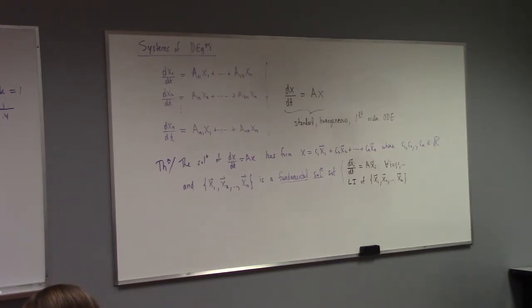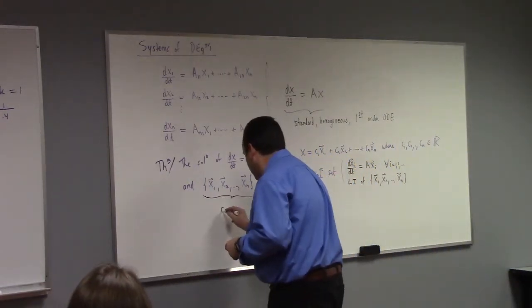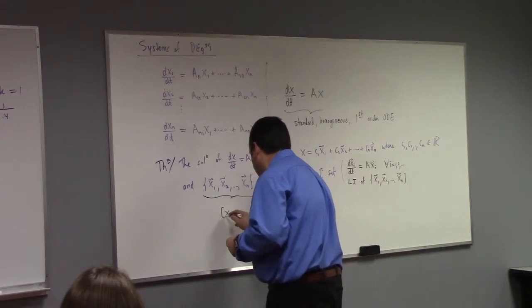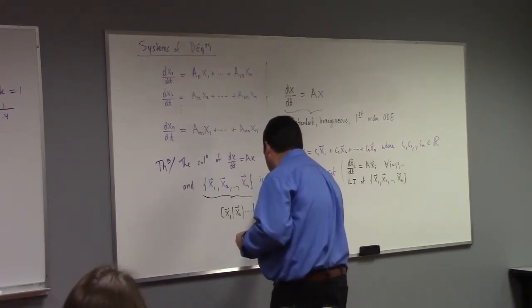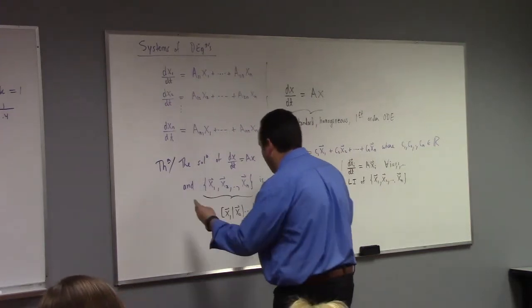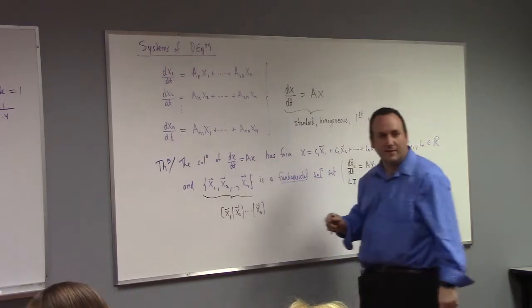Now, you can take the fundamental solution set and make a fundamental solution matrix, which I usually denote with a big X. So you take a fundamental solution set, you concatenate. Each one of these is a vector of functions, right? So if you put it together, you've got a square matrix of functions.